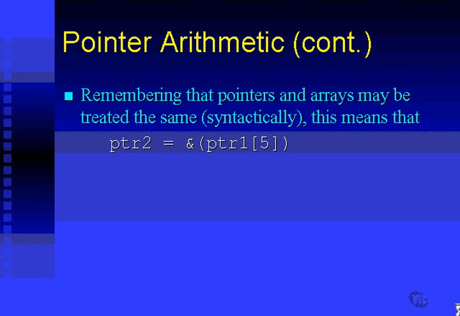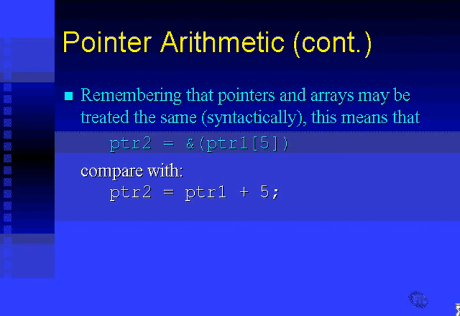Now compare that line of code, or that expression if you like, with this. What I'm asserting is that those two expressions or statements are absolutely identical. Absolutely identical. And it doesn't matter if PTR1 is an array or if PTR1 is a pointer. This is what pointer arithmetic is.